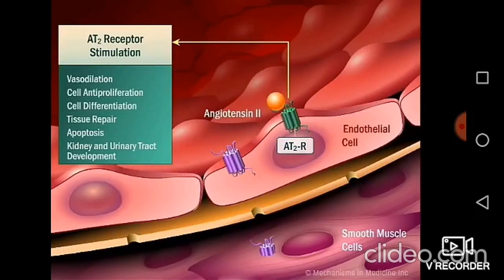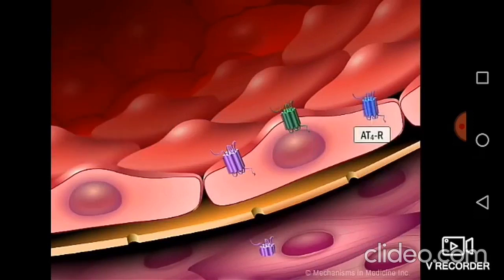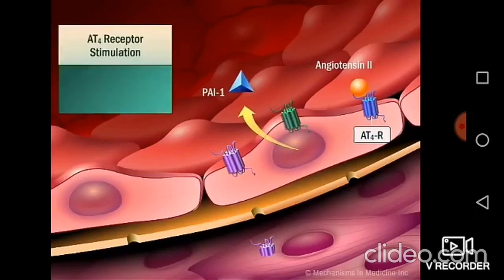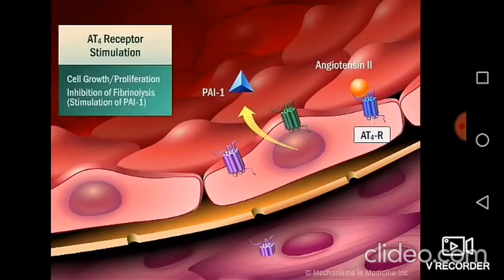AT2 receptors appear to counteract the effects of AT1 receptor stimulation. Another angiotensin 2 type receptor is the AT4 receptor. Its stimulation may increase synthesis of the natural inhibitor of TPA called PI1, thereby reducing effective fibrinolysis. Stimulation of AT4 receptor appears also to promote cell growth and proliferation.